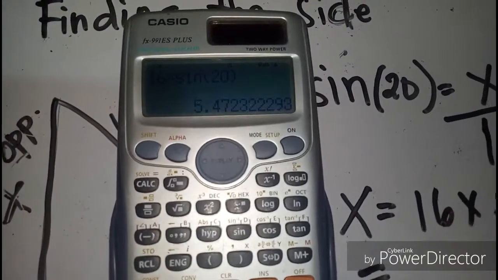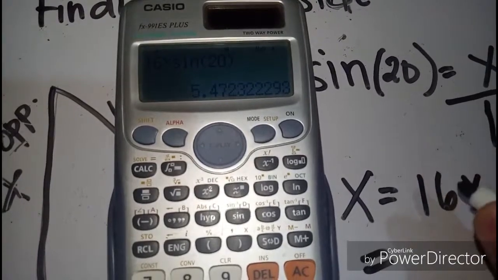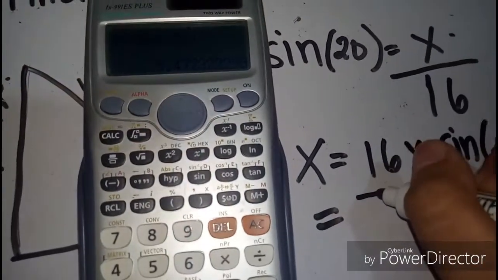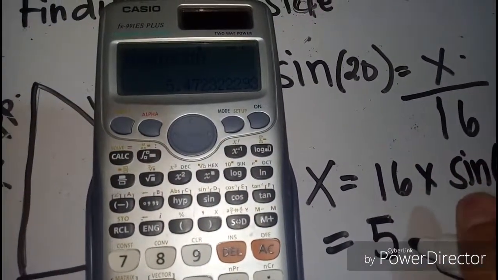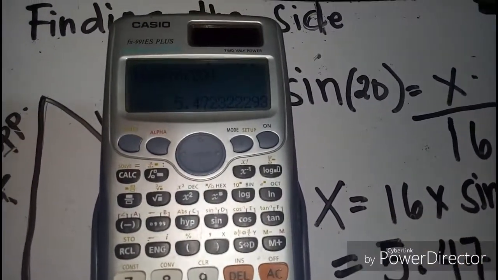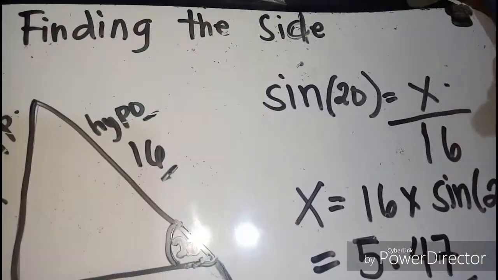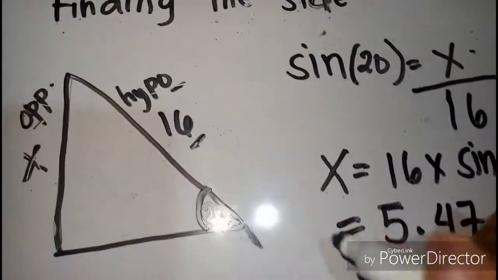So we're going to get 2 decimal points of the answer, which is 5.47. This is the value of the opposite, the unknown.